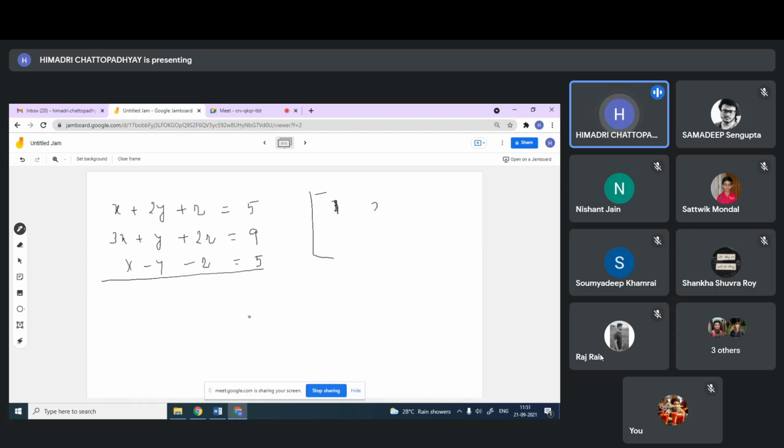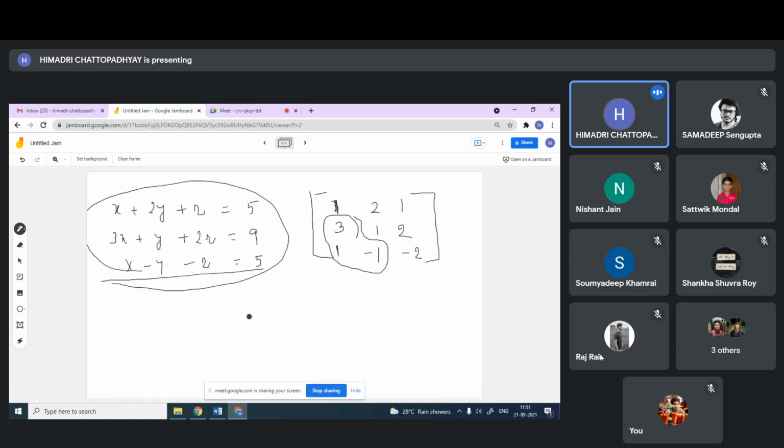The matrix is 1, 2, 1, 3, 1, 2. I don't know what kind of solution this will have, and I will not solve it. But the point is, the way it is written, the elements are not 0. But to solve by Gaussian elimination, I must make the elements below the diagonal 0.